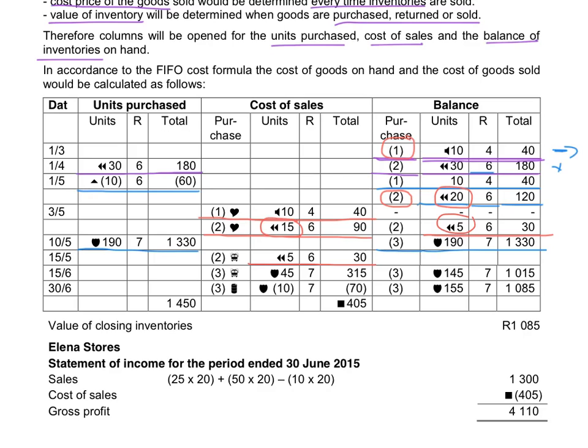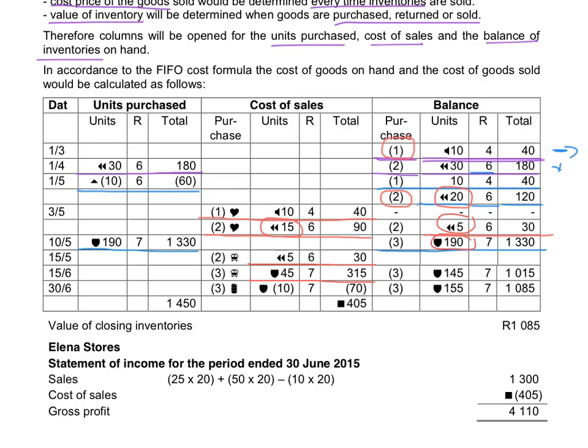sale is 30 Rand. We sell in total 50 units, so it means out of this group number 3, we have to take the additional 45 units with a cost price of 7 Rand each. So the cost price of the 45 units sold is 315.